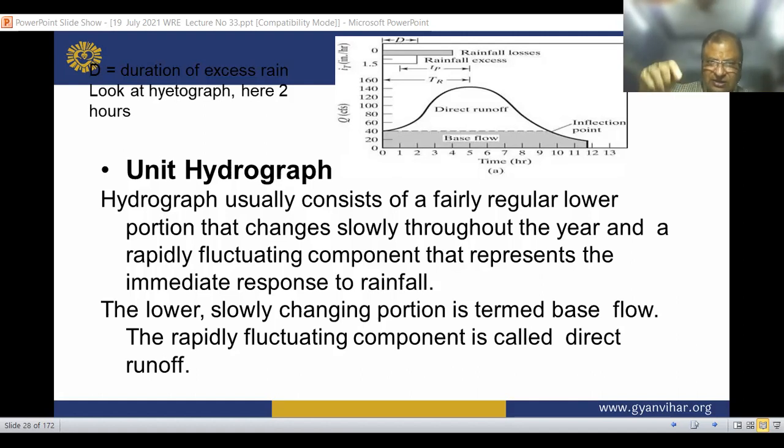The lower slowly changing portion is termed base flow, and the rapidly fluctuating component is called direct runoff.